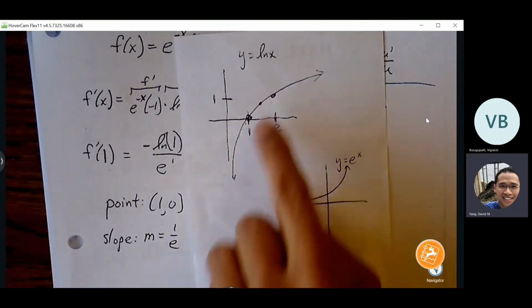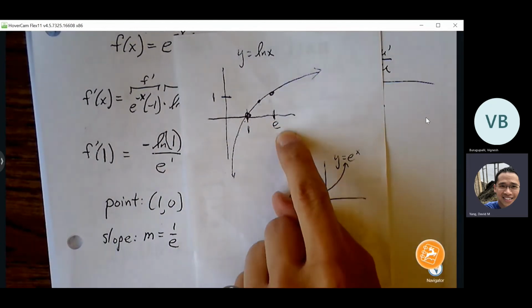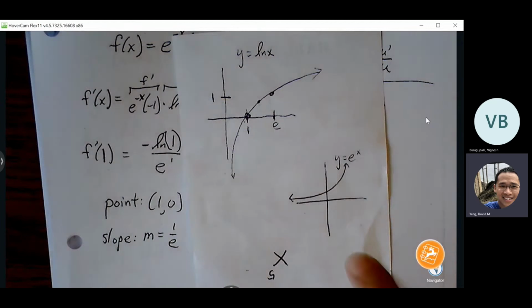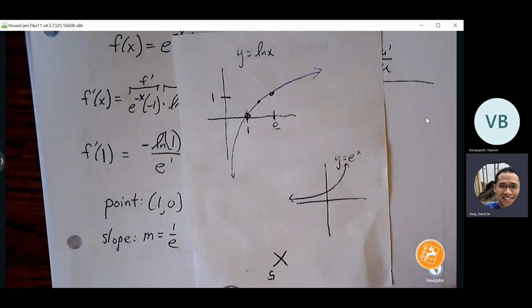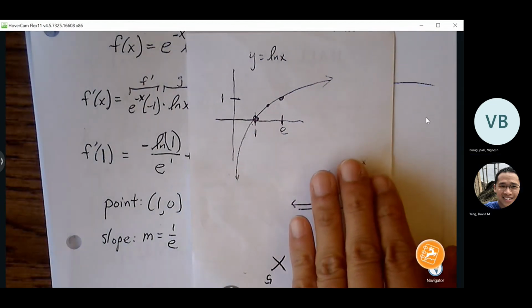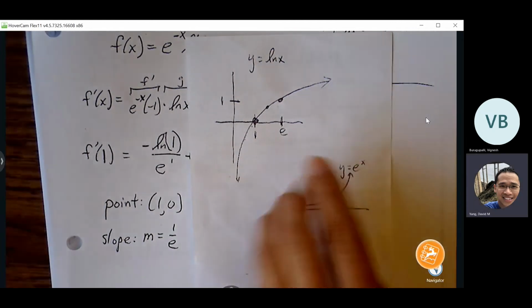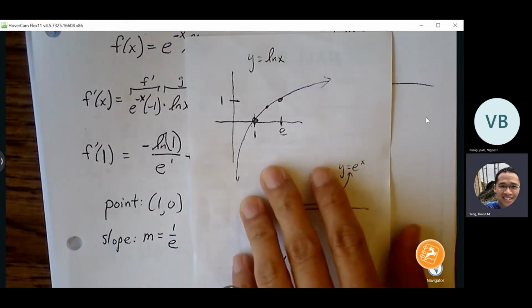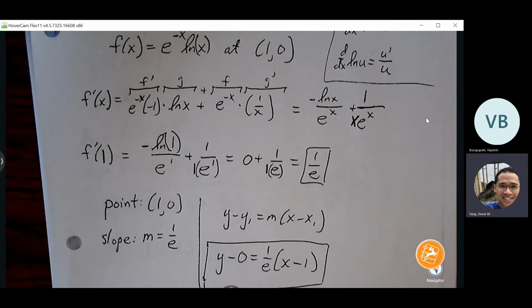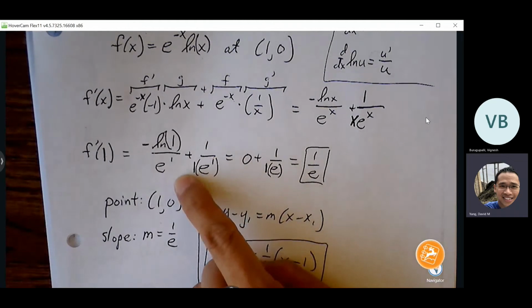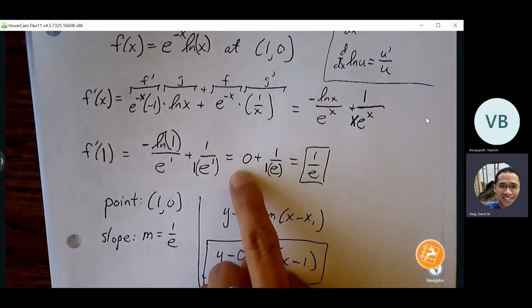Natural log of 1 is 0, natural log of e is 1. So memorize this graph. It's going to be really helpful. What's natural log of e? Oh, it's natural log of 1 over e, so 0 over e, which is 0.